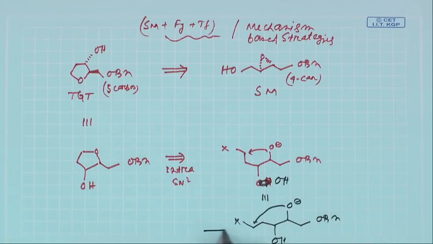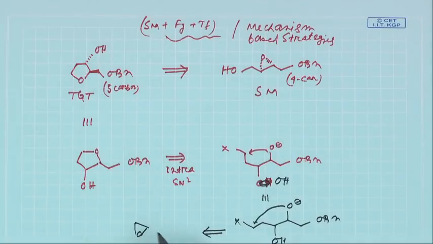Now, try to correlate how this compound can be coming from this compound. Say you have an intermediate something like this, and this is OH.